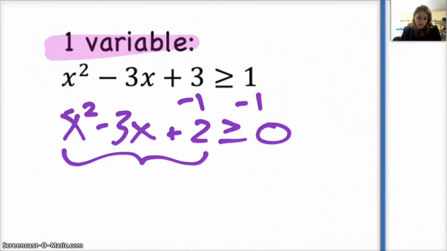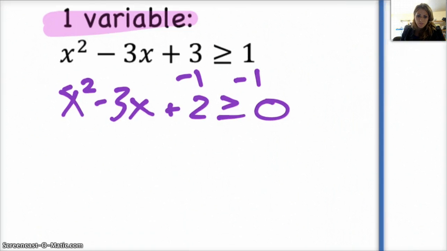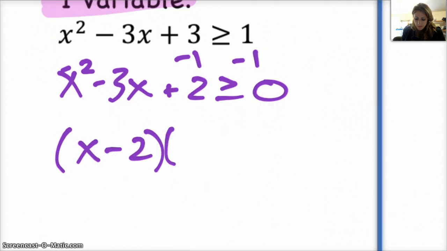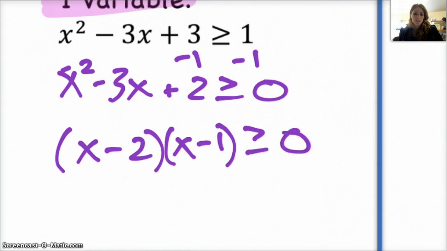In this case, I'm noticing that negative 2 times negative 1 equals positive 2, and they also add to negative 3. So I'm going to factor, because that's my favorite method as long as it's factorable. So I've got x minus 2 times x minus 1, and that's greater than or equal to 0.